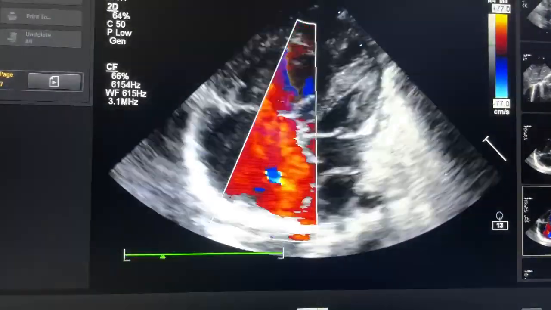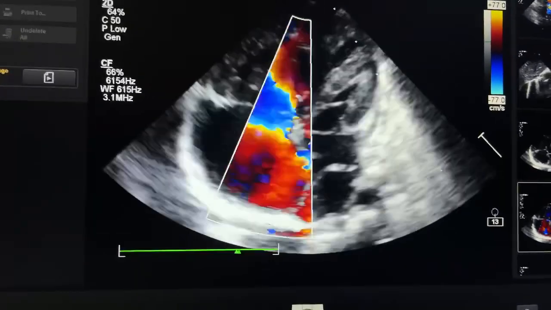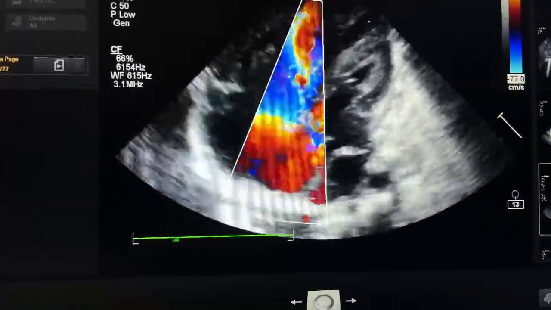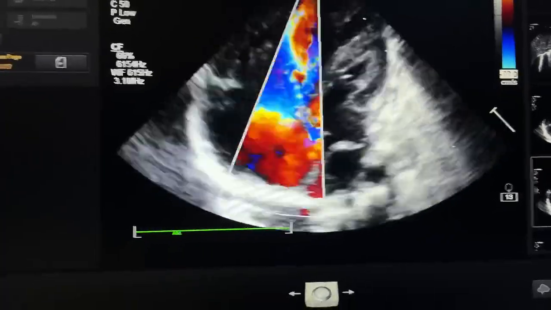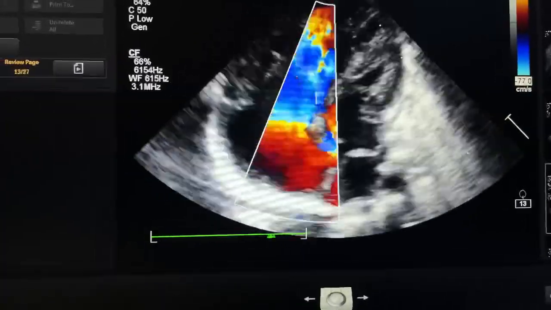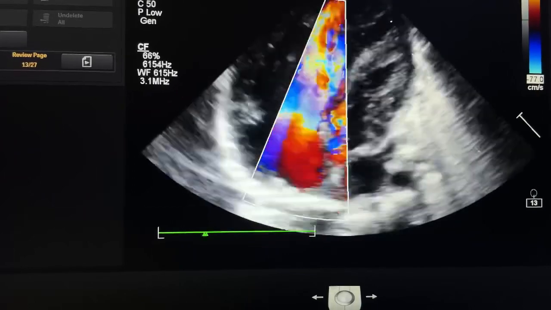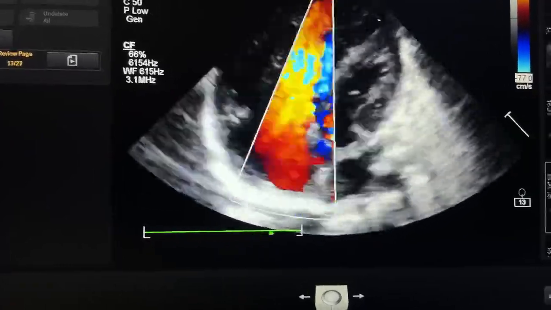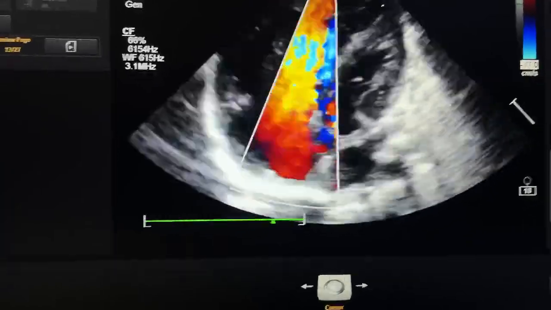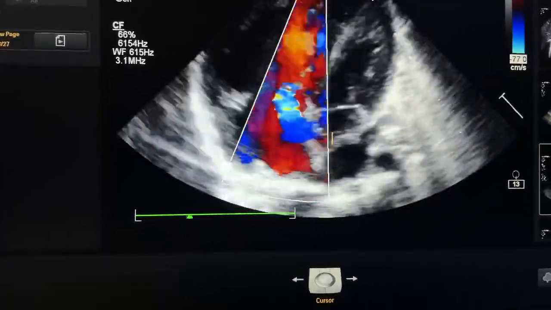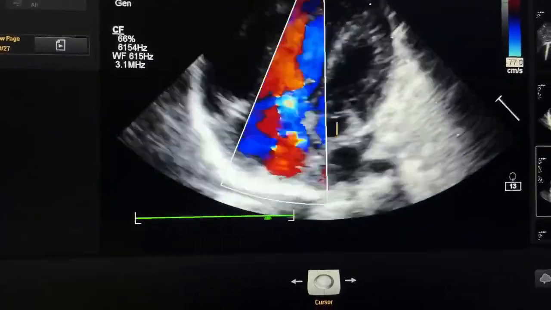Again the same image. Now color flow. You can see mild tricuspid valve regurgitation. Here you see the bluish flow. That is from the right ventricle into the right atrium, that is tricuspid regurgitation. Here ASD is there.